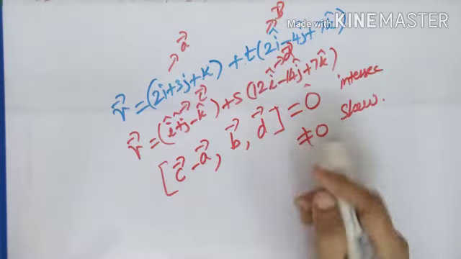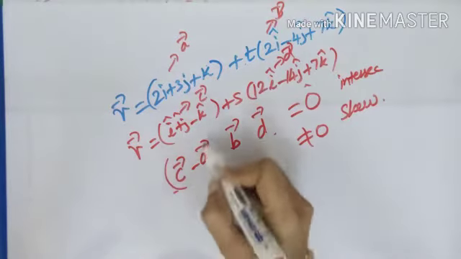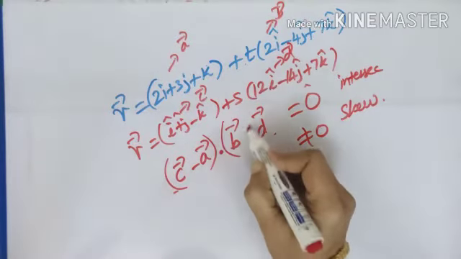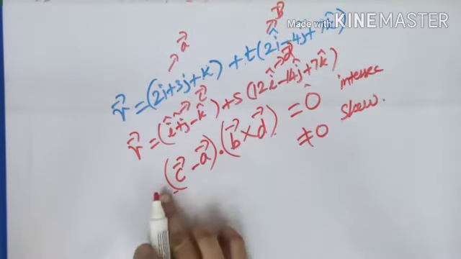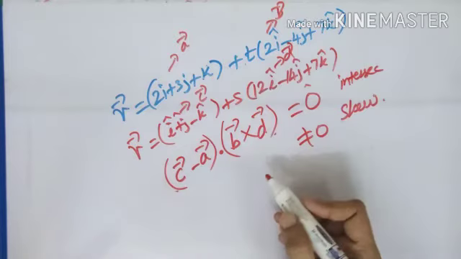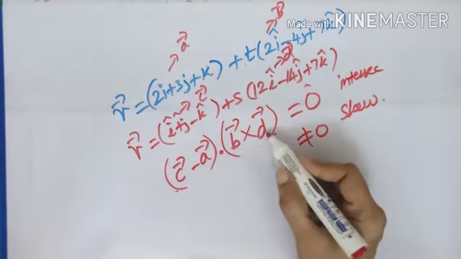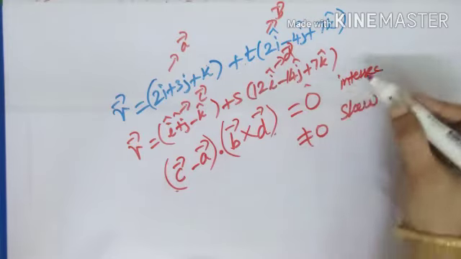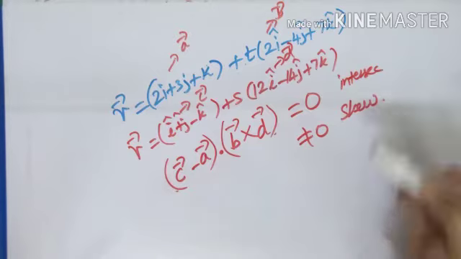So what do you mean by triple product? It is nothing but find out C minus A dot B cross D. Either find directly the triple product or you can use even the formula. Find out C minus A dot B cross D. My answer is 0, they are intersecting, and my answer is not 0, they are skew lines.